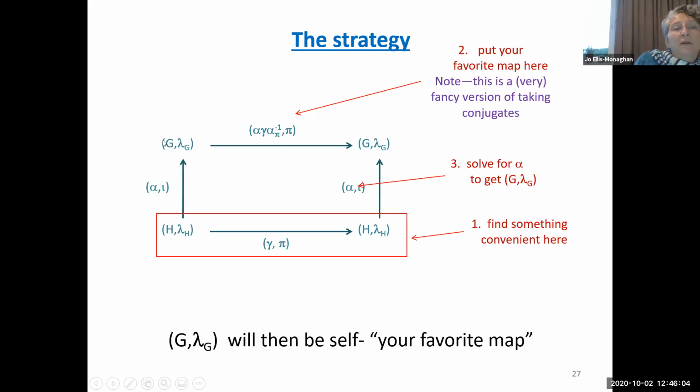I want this graph here with its labeling to equal this one, after I apply the edge operations to it. In order to play this game, I need something nice to go down here. I have something nice to go down here. I put what I want to see up here, and then I solve for the alpha, the element I need that does the transform.